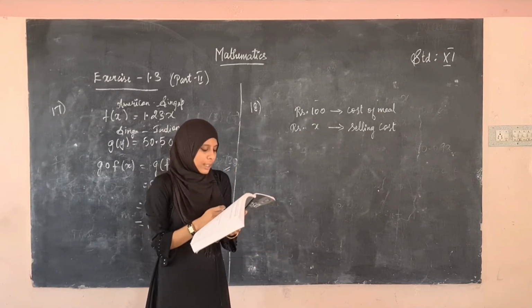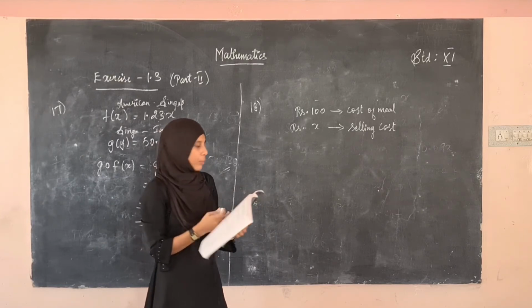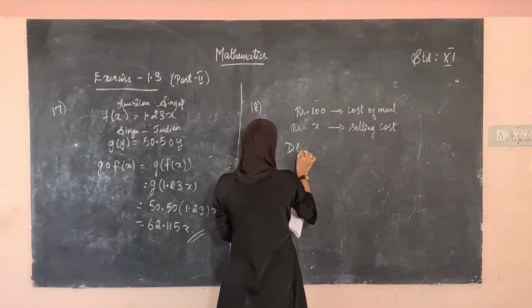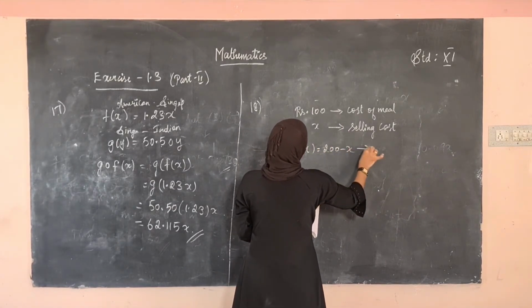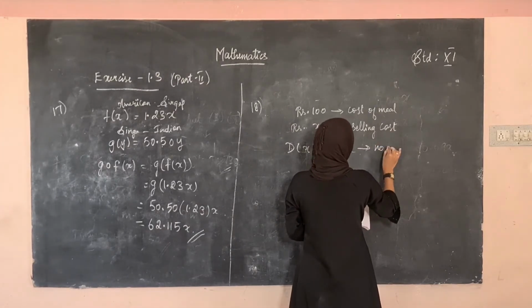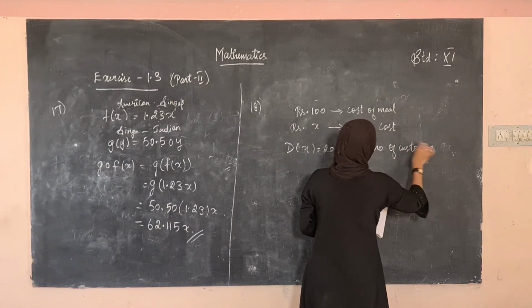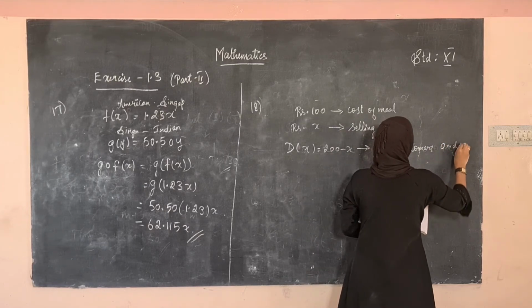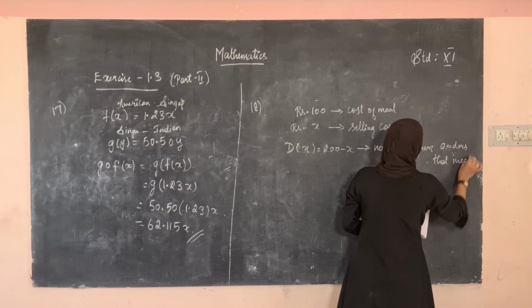Then the number of customers who will order that meal at that price in an evening is given by the function d of x is equal to 200 minus x, that is the number of customers who order that meal.